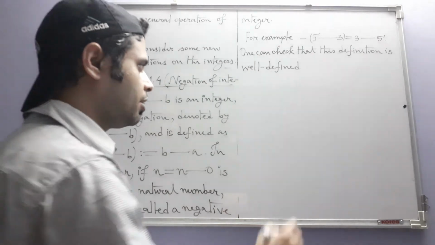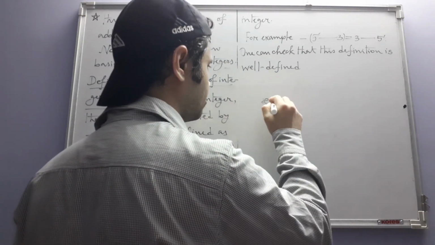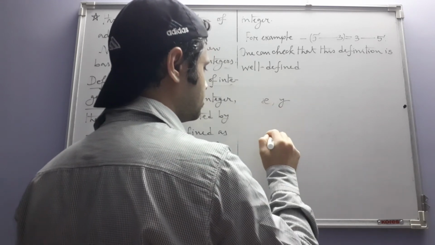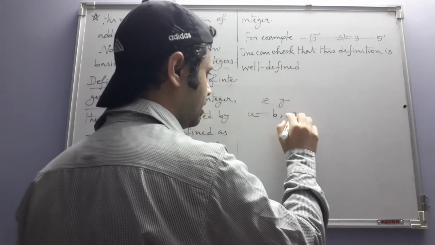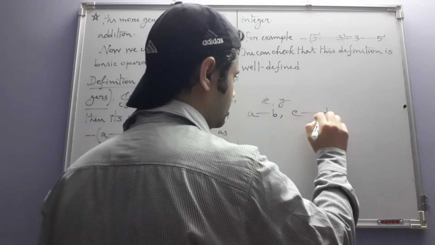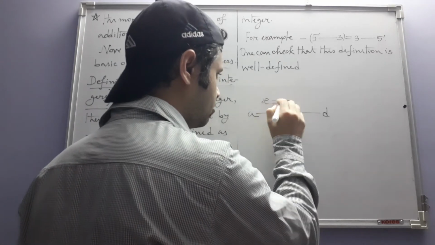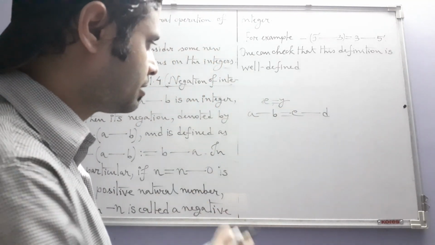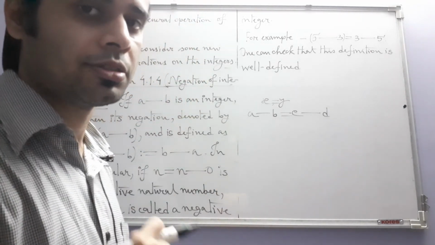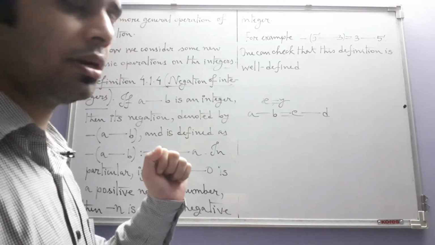However, it's an operation, so one should check that it is well defined. What it simply means is that if you have two integers, say x and y, of that form, say x is a—b and y is c—d, and it happens that they are equal, then you have to prove that their negations are also equal, because then only this definition will be well defined.